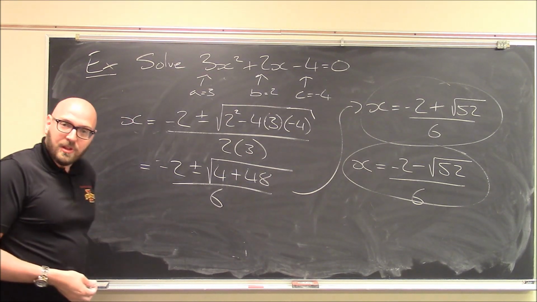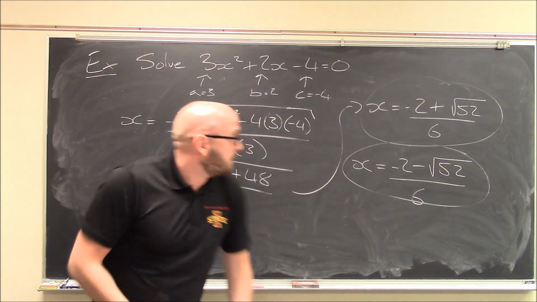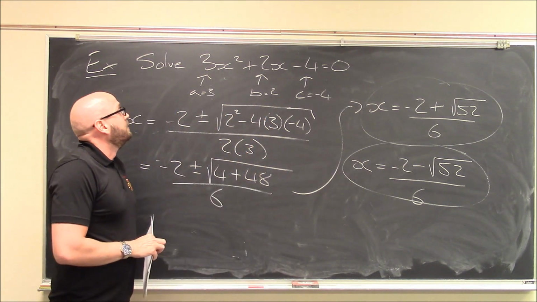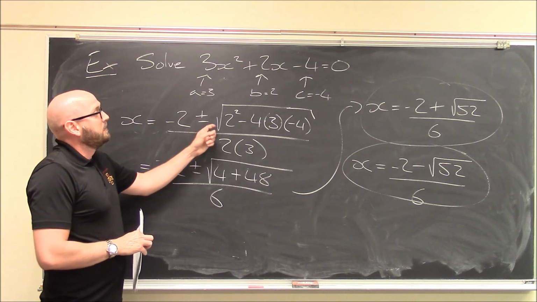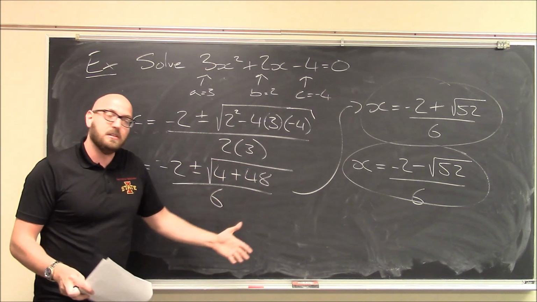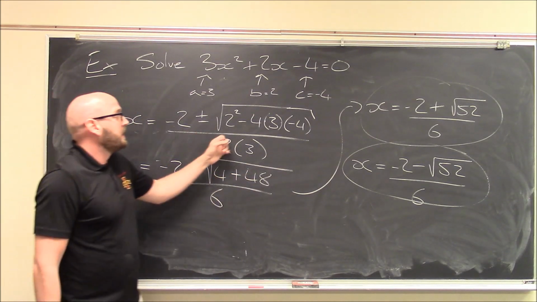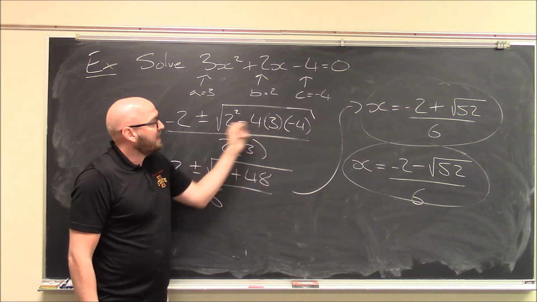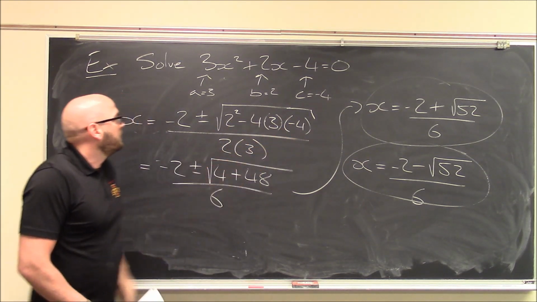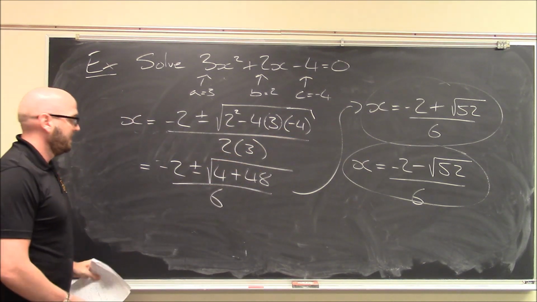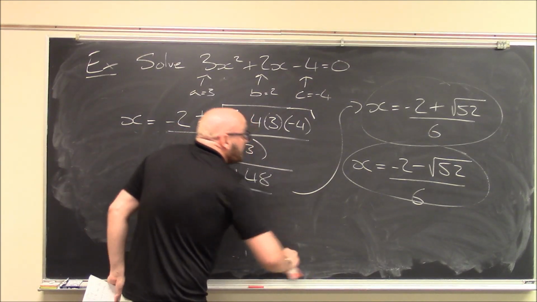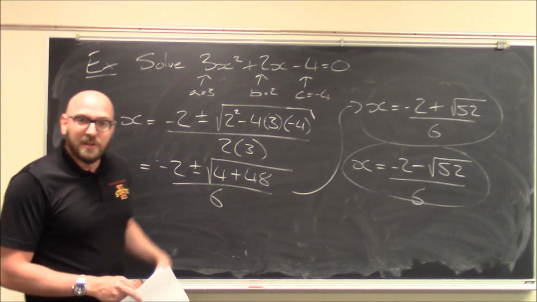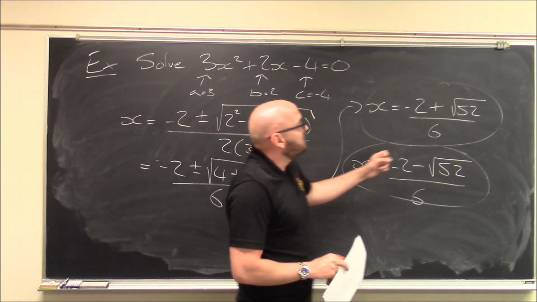Really, really nice formula because if it's really hard to factor, I don't have to factor. I can just use this formula and it tells me the solutions if they exist. And if they don't exist, you'll realize immediately they don't exist because you've got something negative inside the square root. By the way, be really careful with MyMathLab when you're entering these things in. This is the exact answer.